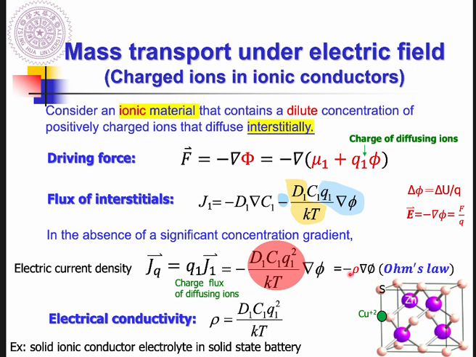Comparing with Ohm's law, I can get the conductivity of this ionic conductor, which is the doped zinc sulfate. It equals D1, the diffusivity of the copper, times the concentration of the copper ions, times the charge carried by these ions squared, divided by kT. So based on these results, we get the electrical conductivity of this doped zinc sulfate.